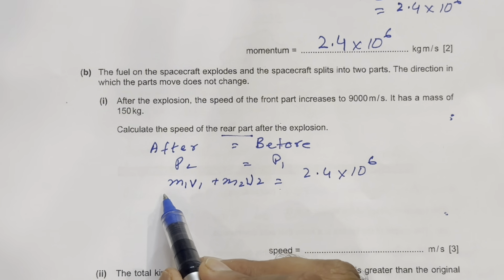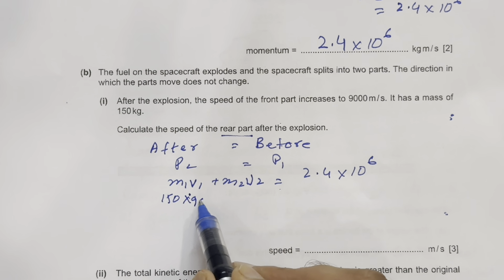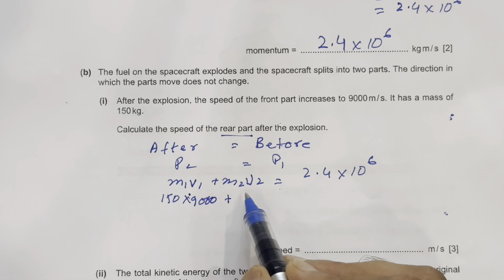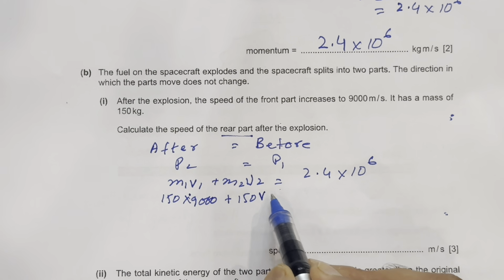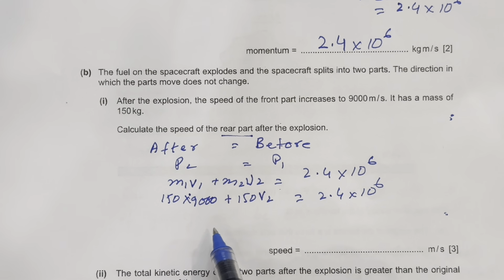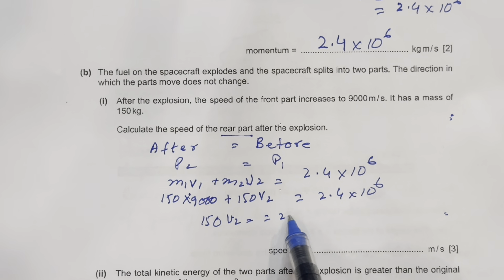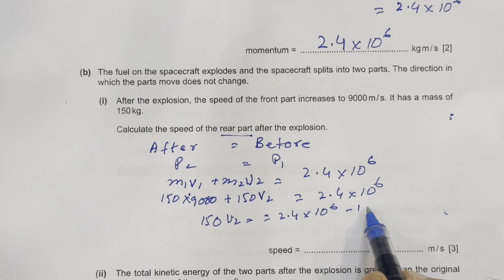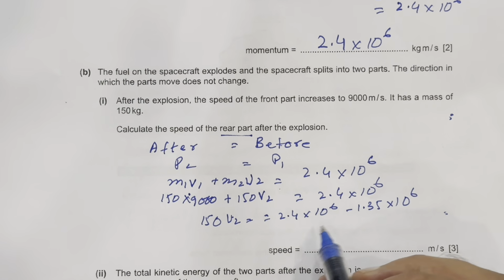We know that mass is 150 into velocity 9,000, and the mass of the rear part is 150, and we have to calculate this V2 velocity. I'm gonna multiply this and subtract it from the other: 2.4 into 10 raised to power 6 minus 1.35 into 10 raised to power 6, which you would get after multiplying it.